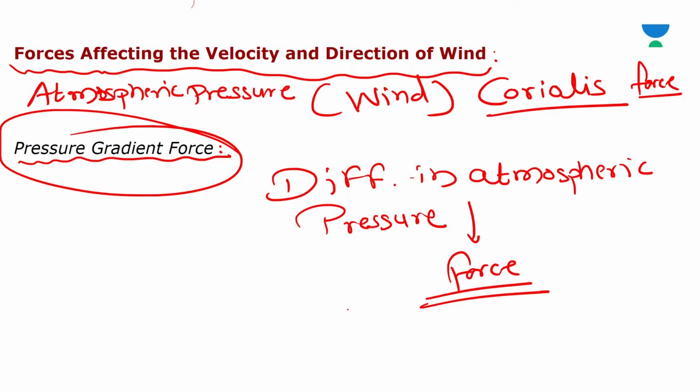The rate of change of pressure with respect to distance is the pressure gradient. Now the pressure gradient is strong where the isobars are close to each other and weak where the isobars are apart. So this is the pressure gradient force.